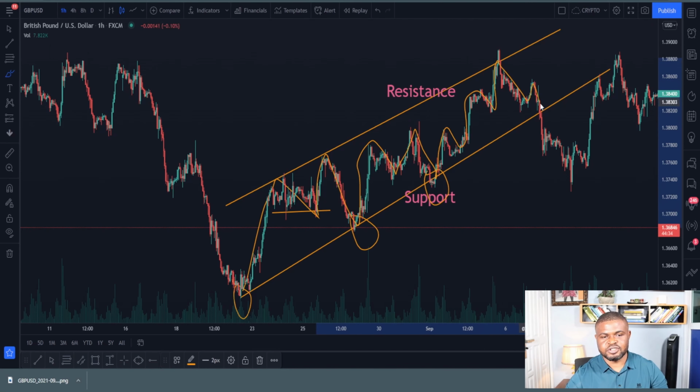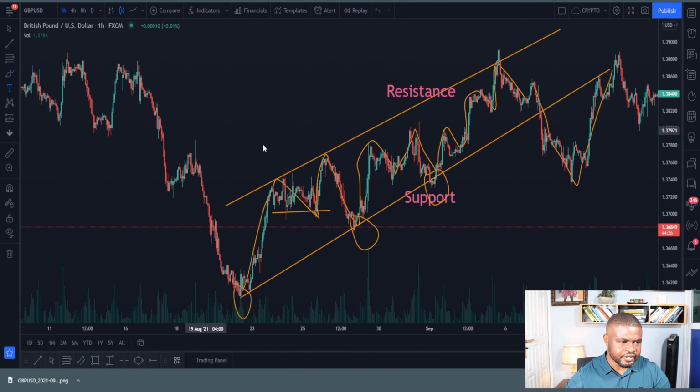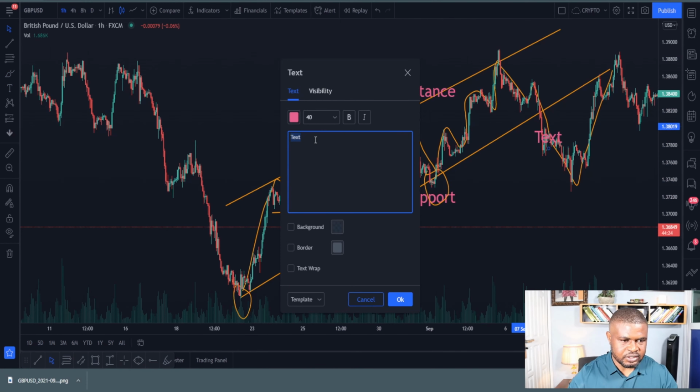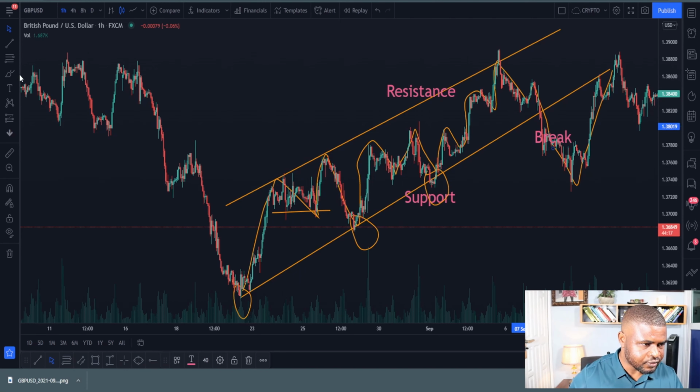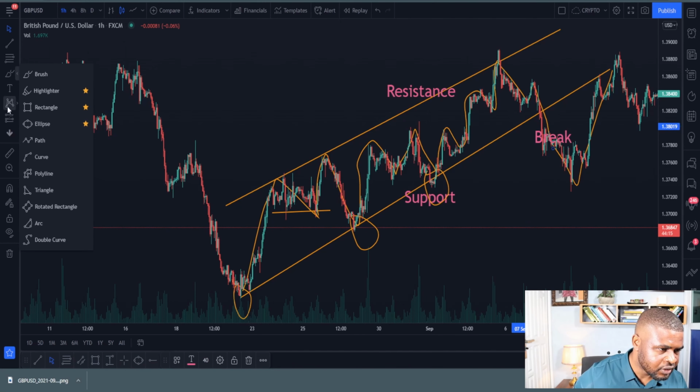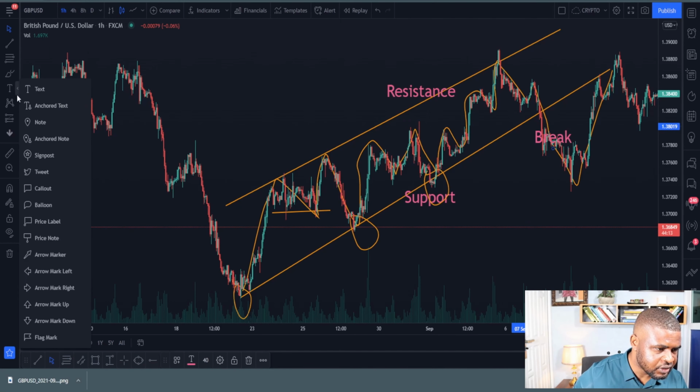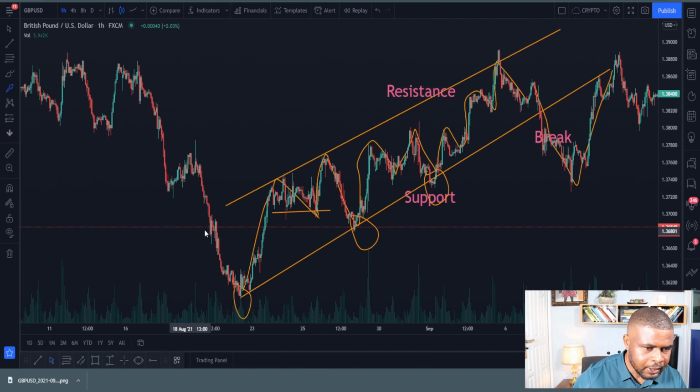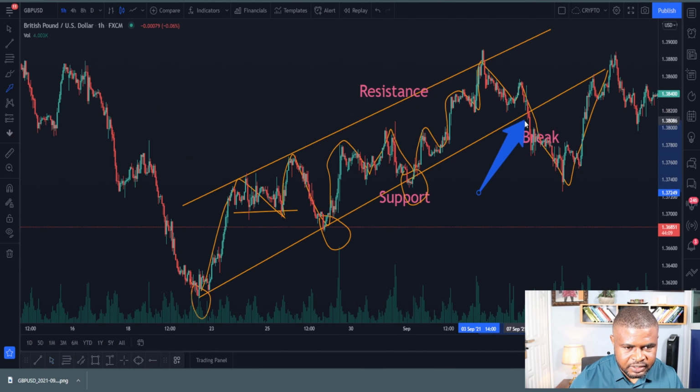And of course there's a break here. Okay, there's a break and a retest. Let me use a text to point out the break, right? And I can also use, I think there's, okay, yeah, an arrow marker here.